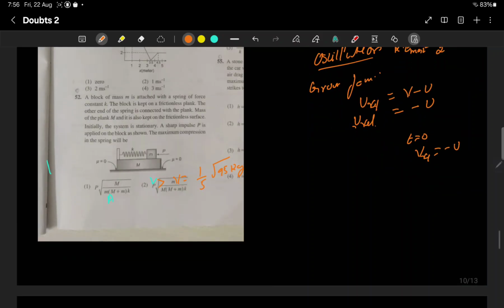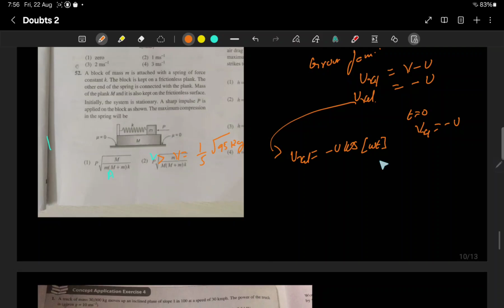The equation for this relative velocity in oscillation will be minus u cos omega t. This comes from oscillation. When t is equal to 0, cos 0 is 1, which satisfies this. Here omega is nothing but root of k by m.